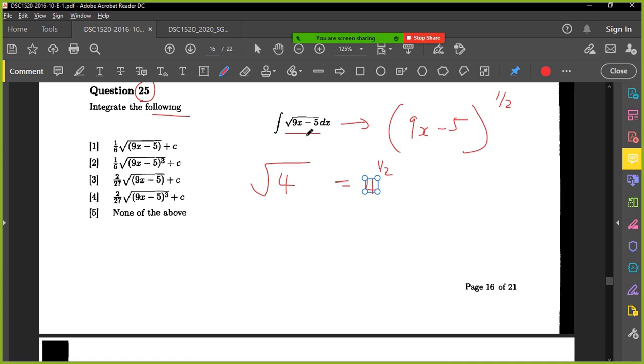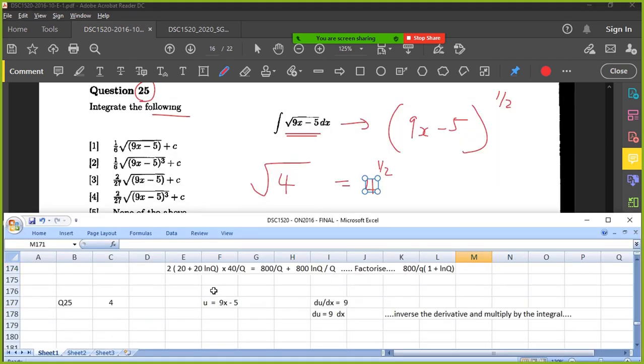Yep. Okay, so when you have integration, you're going backwards. You're going from the derivative back to the function. Remember that? Yep. I think I've shown the workings here. This is 25, yes. With 25, I also used the opposite of the chain rule, where you're basically taking it back.